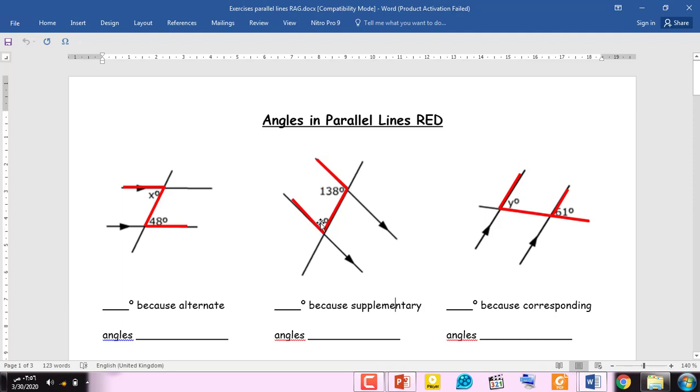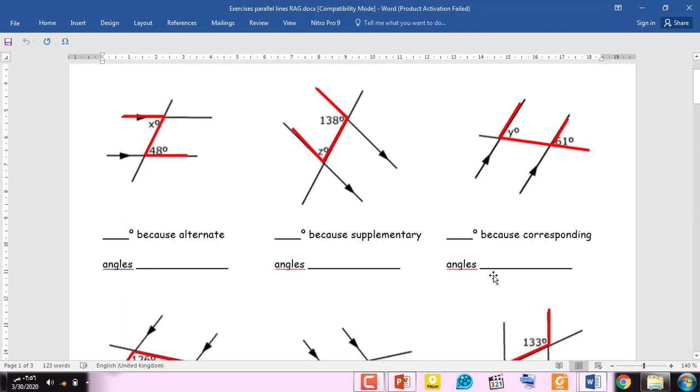When I add them, I will have 180. So absolutely, Z will be 42. The last one, we have corresponding angles, Y and 61. I draw an F shape here, so these 2 angles, Y and 61, are equal because they are corresponding angles.